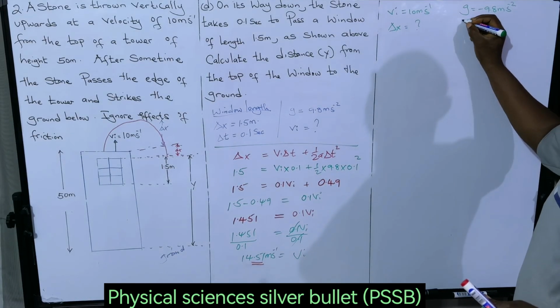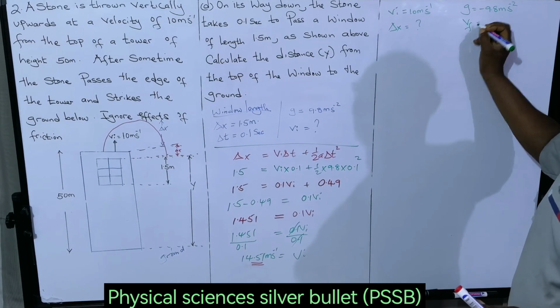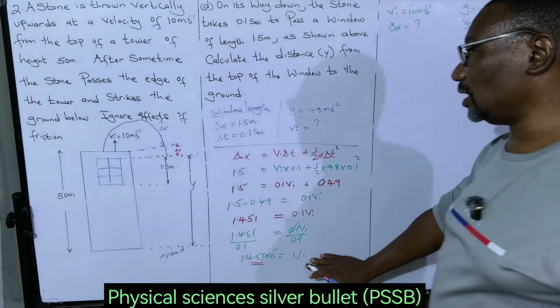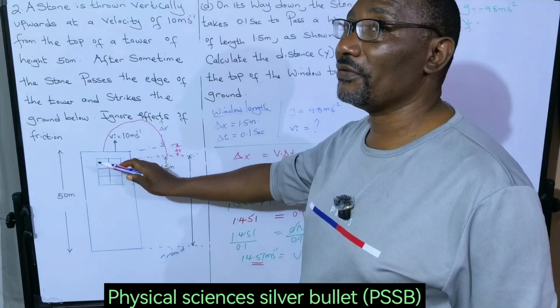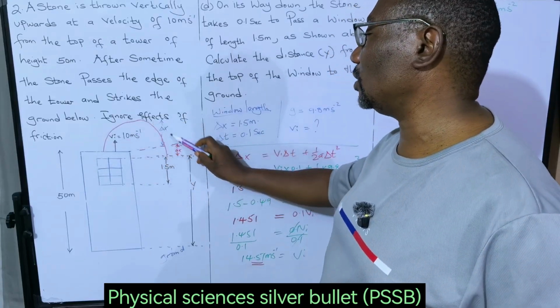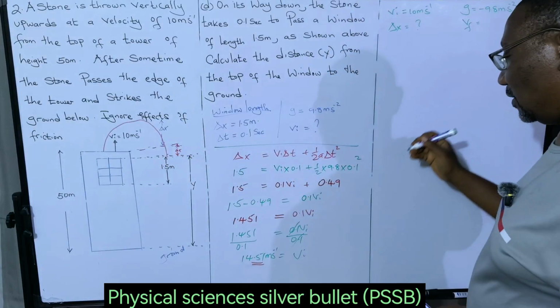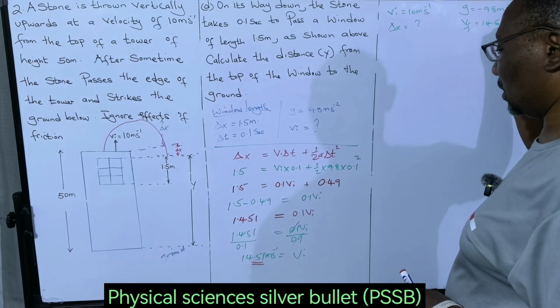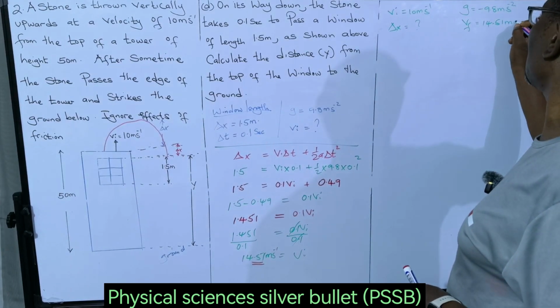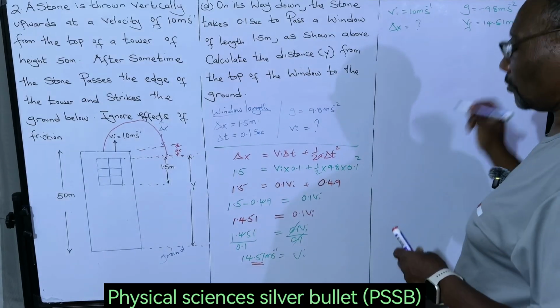And what else do we know? We know the final velocity. What was our initial velocity in this section is now going to be our final velocity for this trajectory. And what is it? It is 14.51 meters per second.